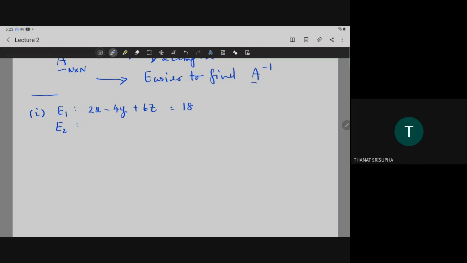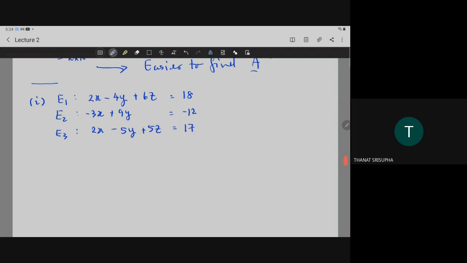And for equation 2, we have minus 3x plus 9y equals minus 12. And then equation 3, we have 2x minus 5y plus 5z equals 17. Okay. So these are just the equations that we wrote earlier.